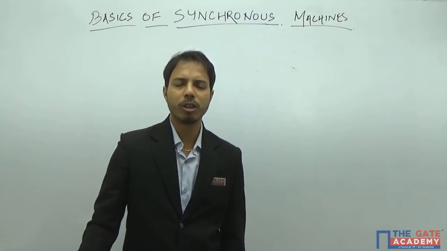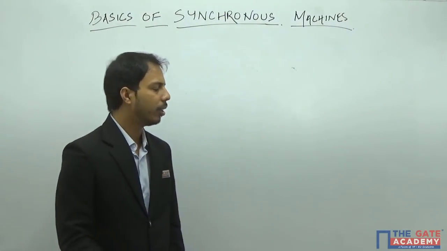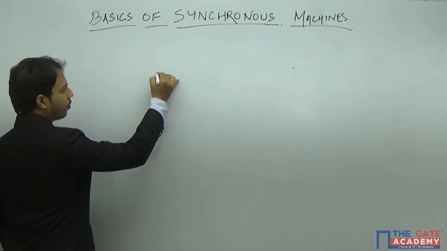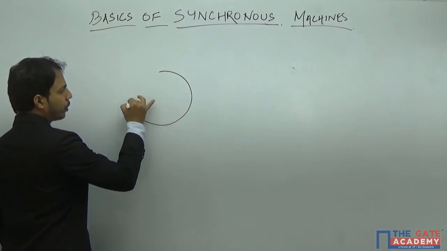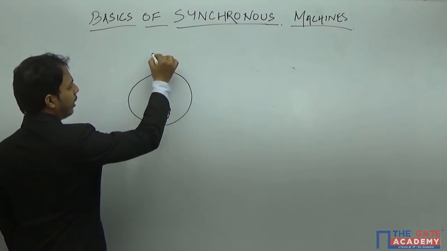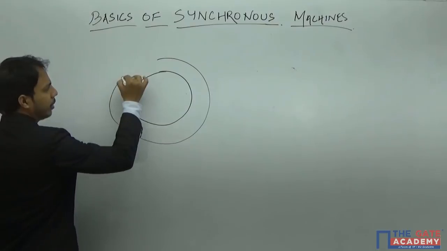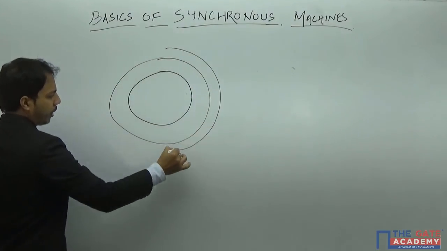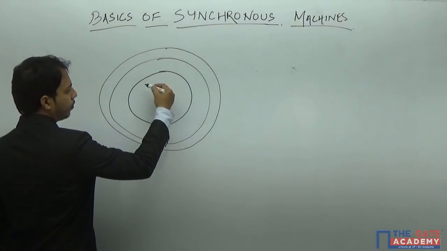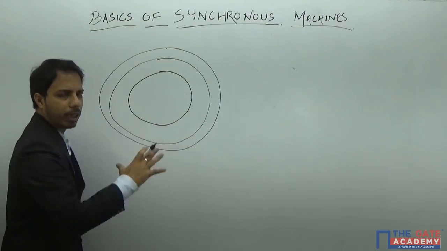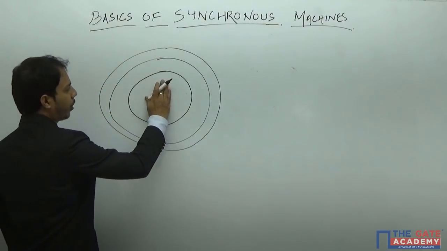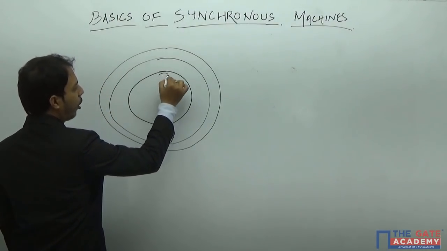If we represent it graphically, suppose this is the cylindrical rotor and this is the stator, which will be outside. This rotor is cylindrical in shape, that's why the name cylindrical rotor. Now in this rotor there will be slots.